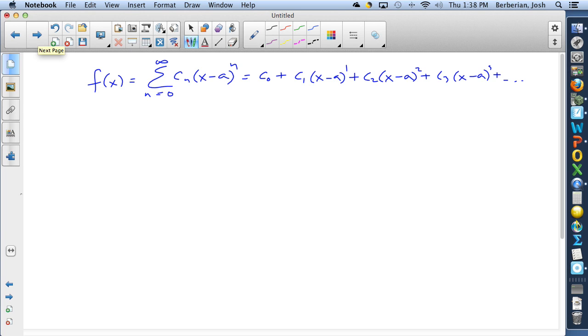And up until now, we've sort of taken the tack that if we know what the power series expansion is of some function, we're feeling lucky. And then we can take that function and modify it or alter it.